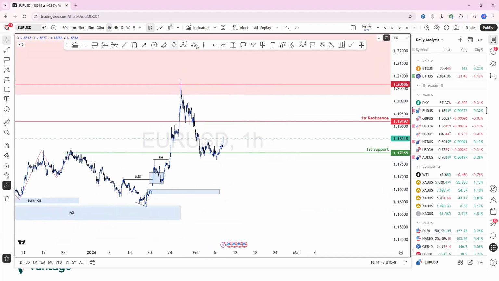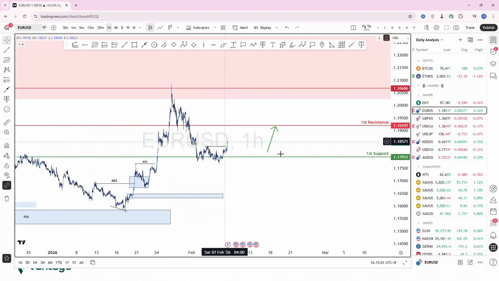And then how are you going to target? You can target the first resistance first.